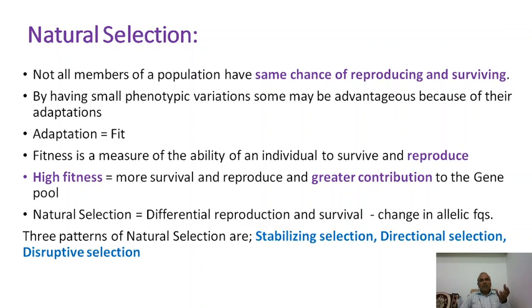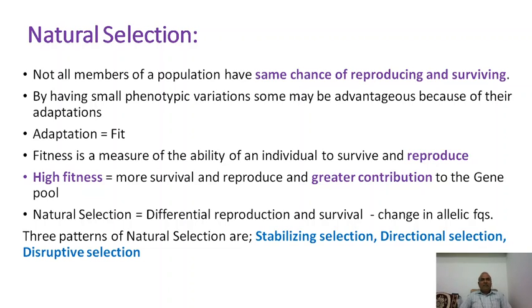This small variation can become an adaptation for its reproductive success. Say for example, having a sexual dimorphic character, a small variation. Because of having a sexual dimorphic character, a male may be attracted by a female. Though it is unfit in other characters, it is now fit for reproduction. That's why it is selected.